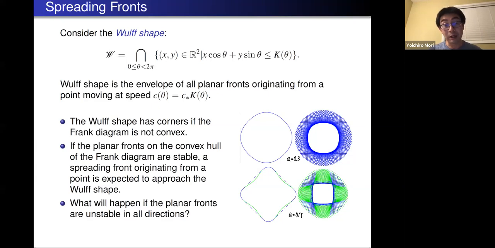However, it is questionable whether this is really going to be true, especially, for example, if the planar fronts in certain directions are unstable. Even, as we said, even when the Frank diagram is convex, it is possible for certain nonlinearities, in certain cases, for the front to be unstable.